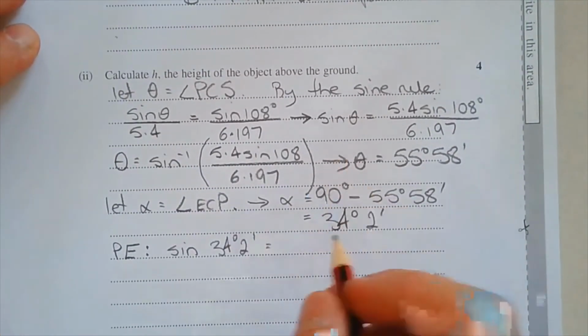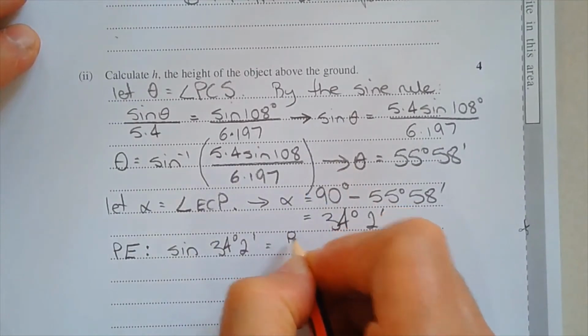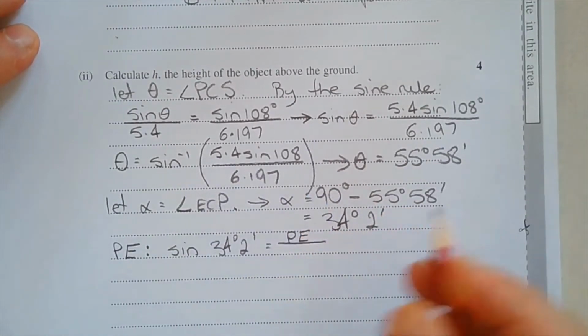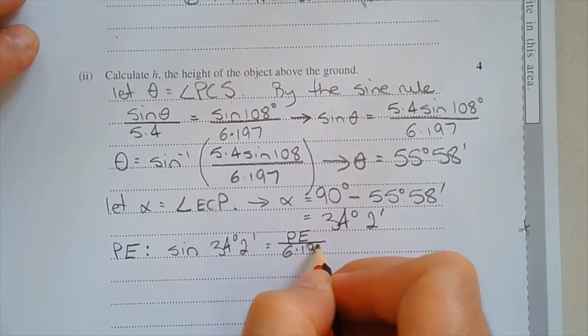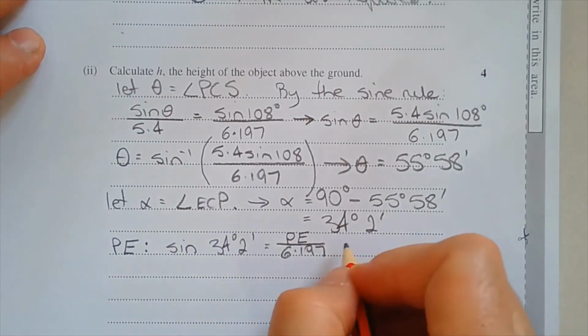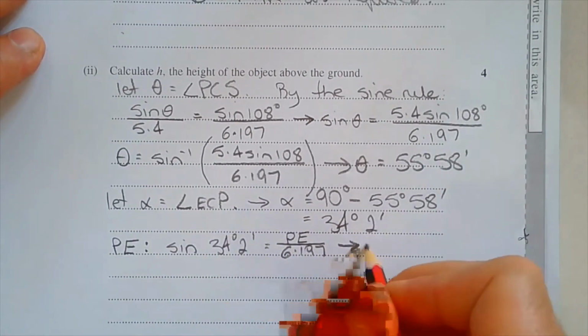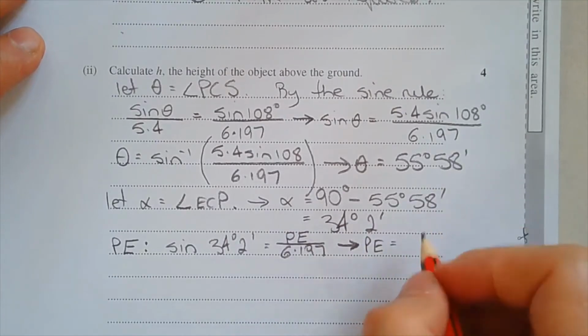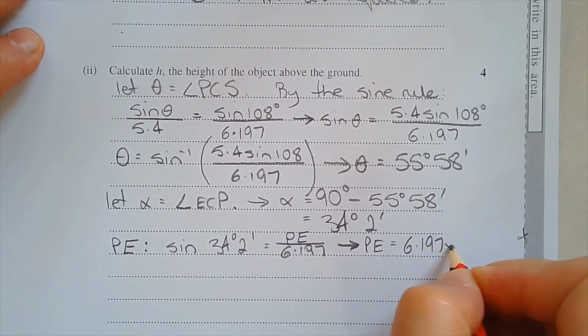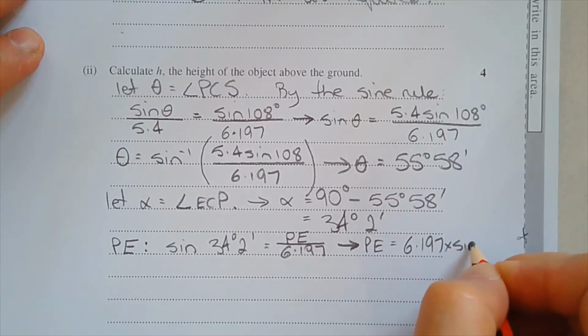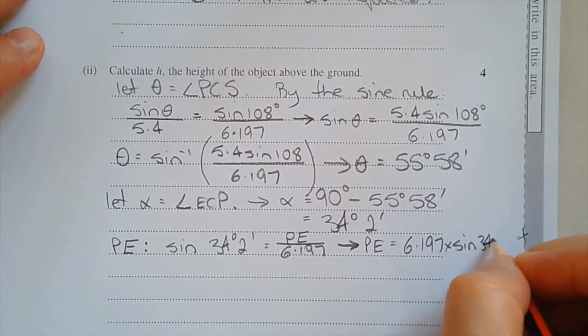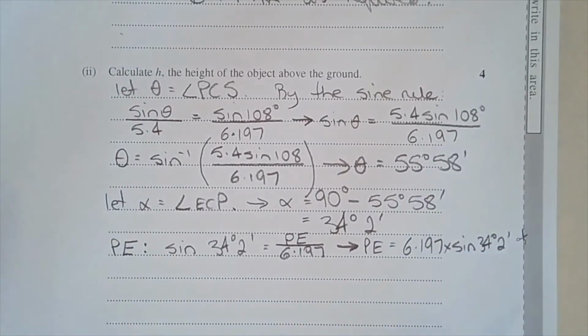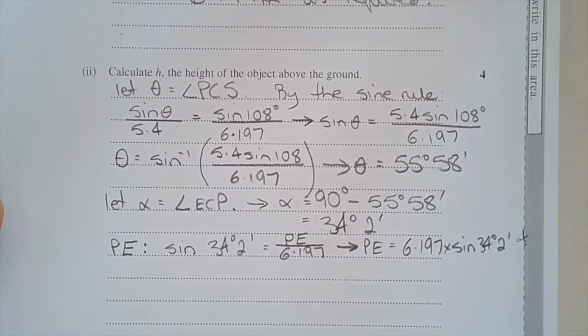PC is 6.197, and PE is equal to 6.197 multiplied by sine 34 degrees, 2 minutes. Hopefully I can fit it in before I get to that margin. Yep, I just do.